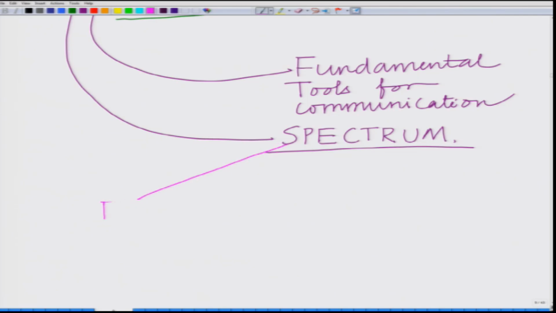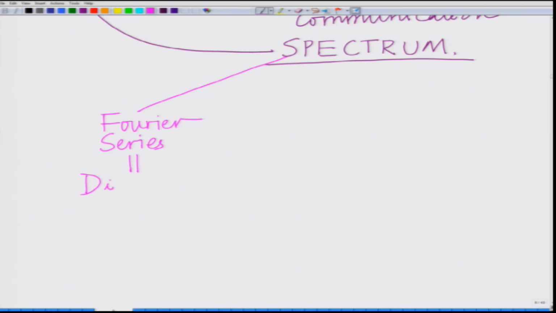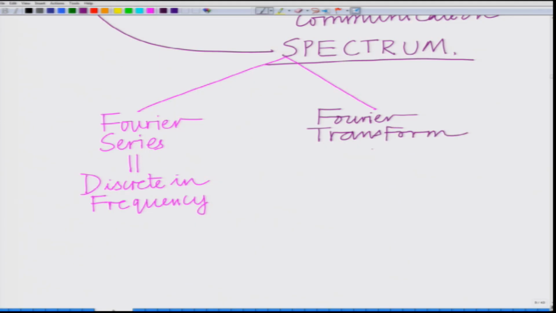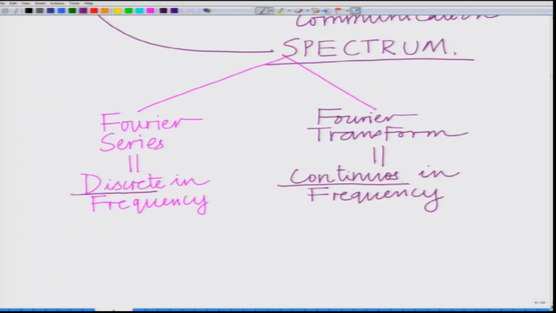One is the Fourier series, which is discrete in frequency, and the other representation is the Fourier transform, which is continuous.